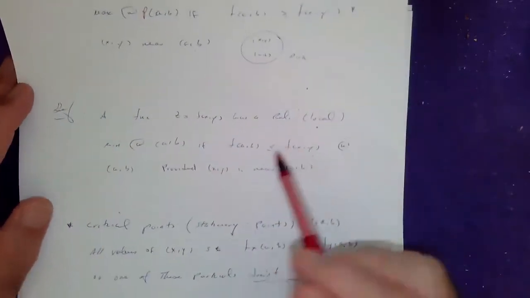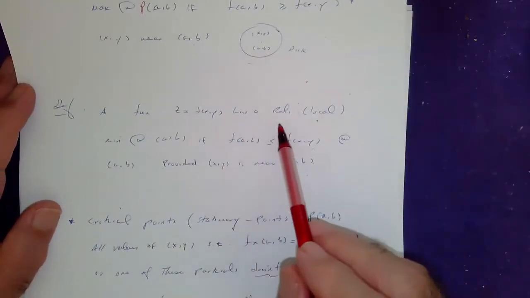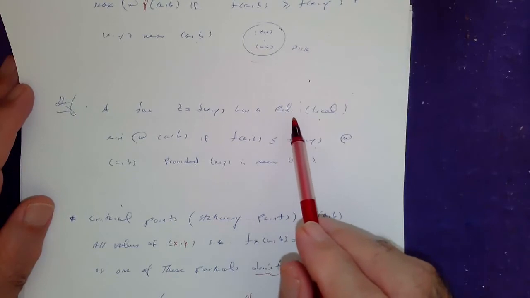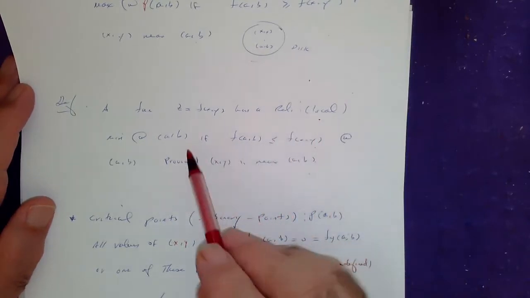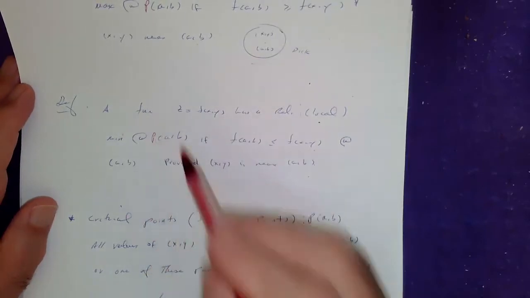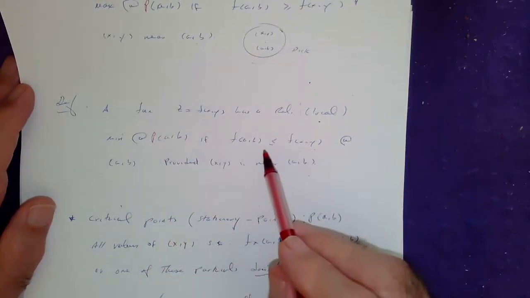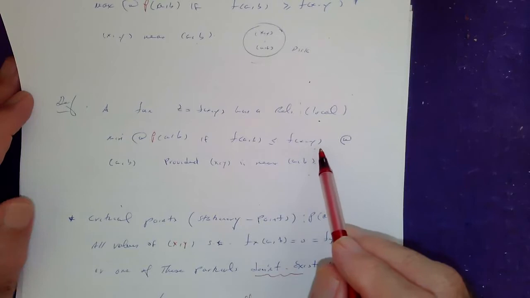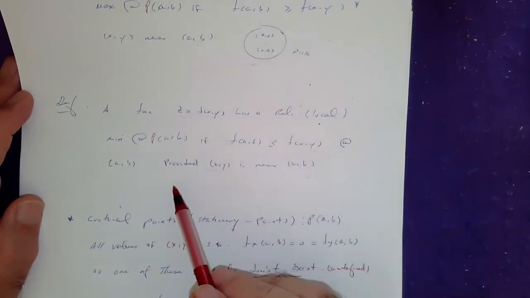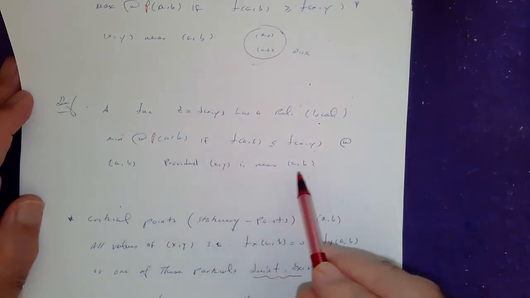On the other hand, if you're trying to establish the fact that the function has a relative minimum at some point, let's say a comma b, then you've got to prove that f of a, b is less than or equal to f of x, y, provided x, y is near a, b.